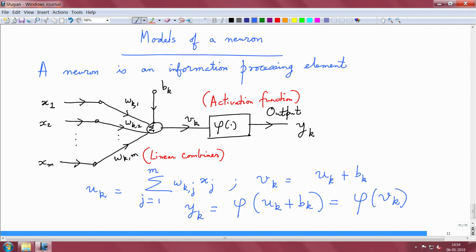So one can think about how this would look. It is easy for us to imagine how this looks if we can plot this. So this is uk and this is vk, right. uk is basically this linear combiner and vk is with the bias. So this is basically a straight line, right. This is straightforward to guess.